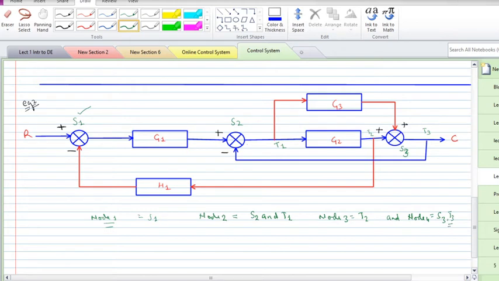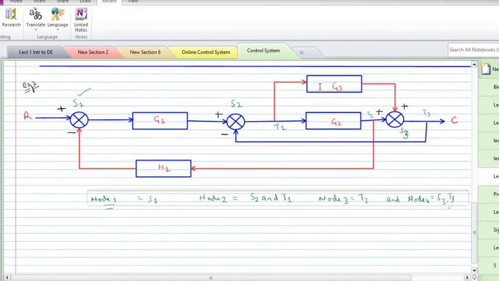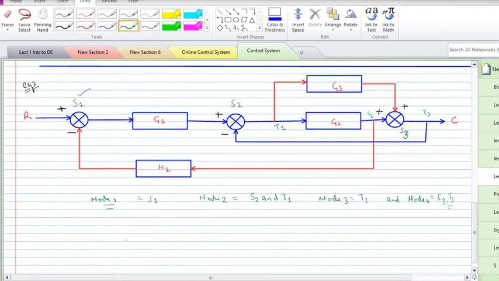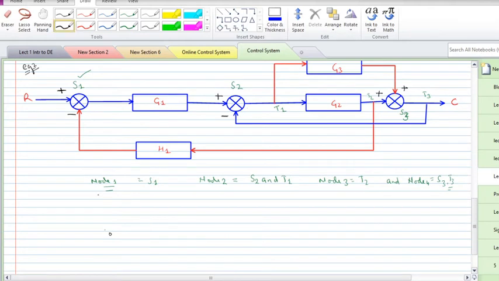So you have to draw a signal flow graph like this. There are 4 nodes: node 1, node 2, node 3, node 4, and then C. Here this is R, this is C.